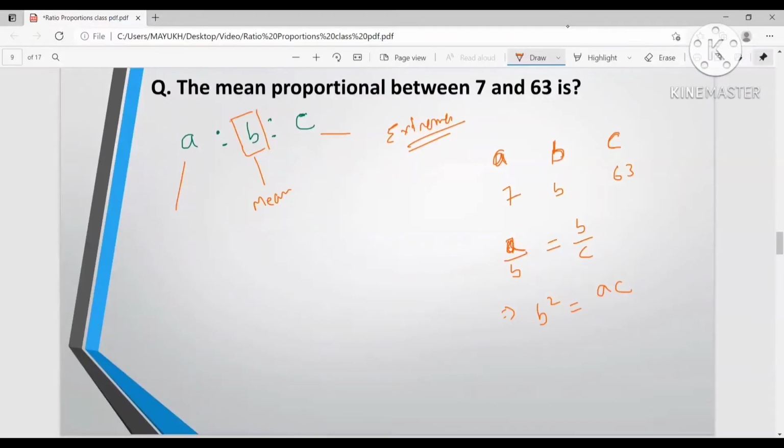Now I don't have B, so let's write here B square is equal to the value of A, which is 7, into C, which is 63. Now instead of multiplying the whole thing, I can write 63 as 7 into 9. So now I can write B square as 7 into 7 into 3 into 3. So now B will become 7 into 3, 7 from here and 3 from here. B comes out to be 21.